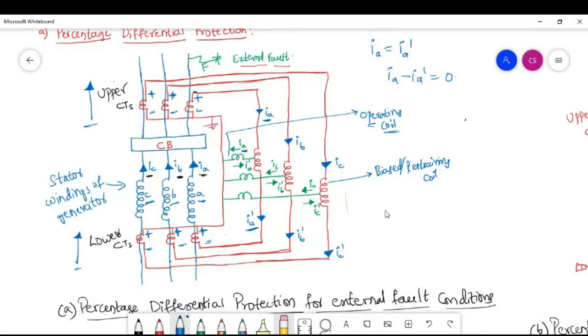In some textbooks, the diagram is drawn in a horizontal manner, not a vertical manner. The same thing, if you rotate this by 90 degrees clockwise, you will get the horizontal manner.